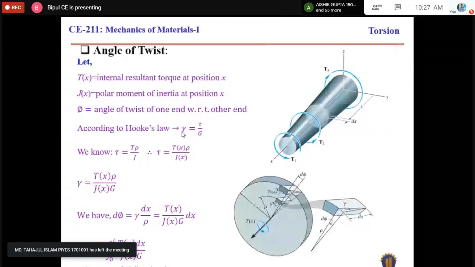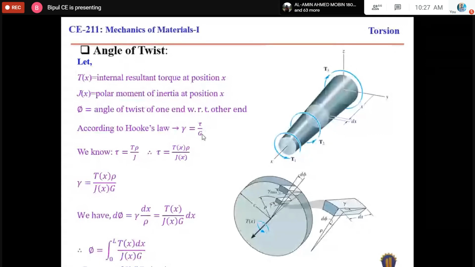Gamma is the shear strain, and shear strain equals shear stress divided by G, the shear rigidity. Again, we know the shear stress is T(x) rho divided by J(x), as T is a function of x.